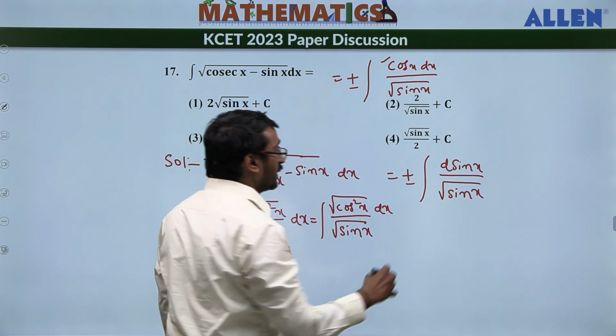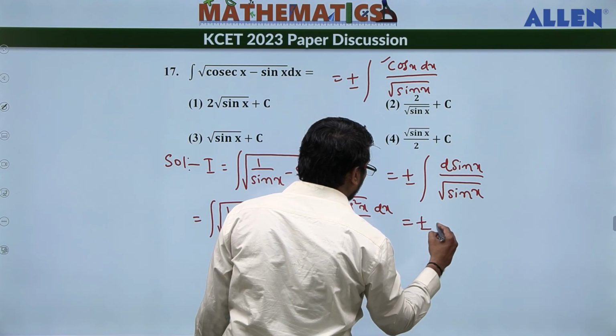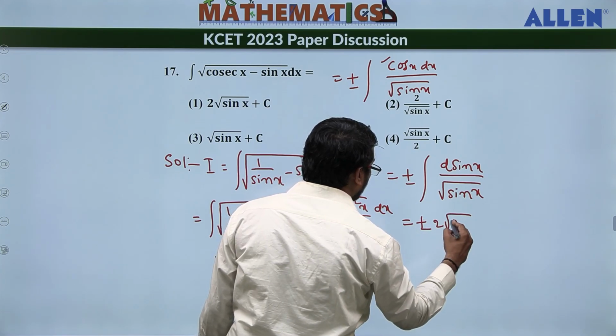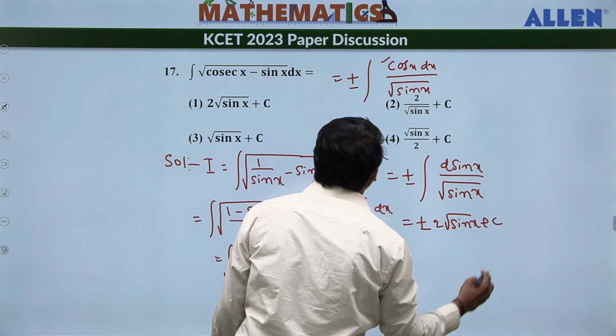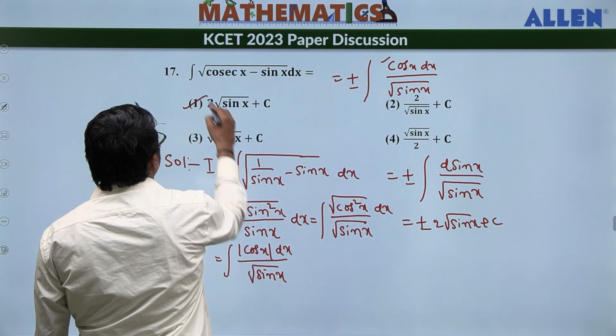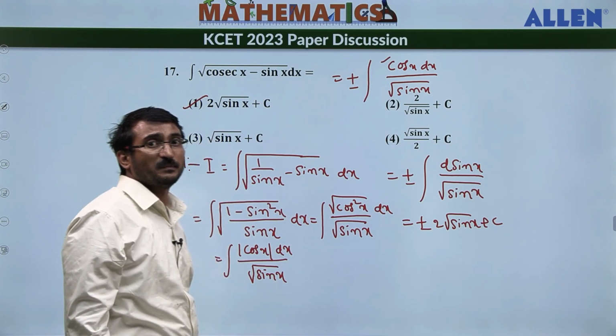That becomes plus or minus 2 root sin x plus c.